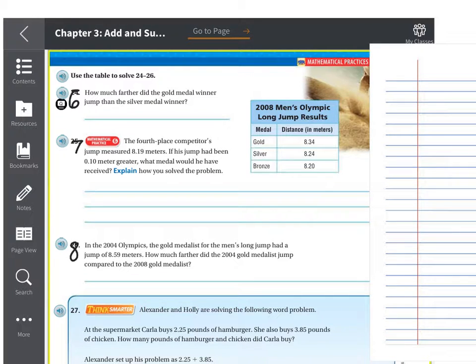Okay, so we're going to talk through this. We're going to use this table to solve the problem. How much farther did the gold medal winner jump than the silver medal winner? So we know that if it says how much farther than, it's going to be a comparing. You're finding the difference. When you find the difference between the 2 numbers, that is going to be a subtraction problem.